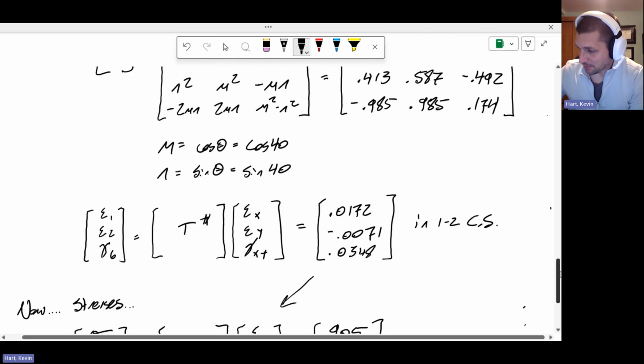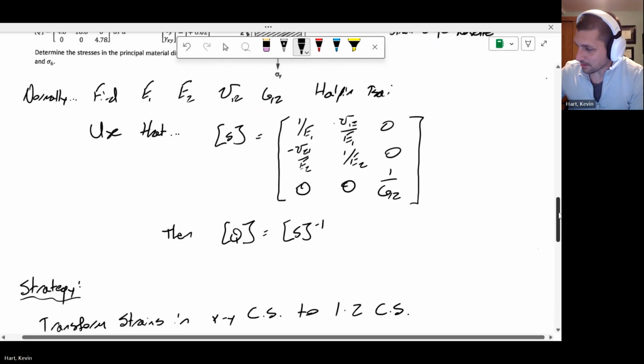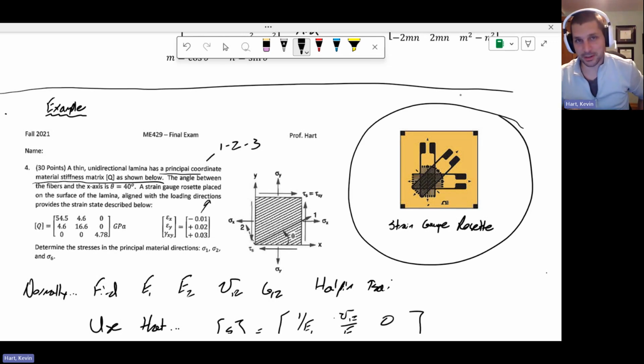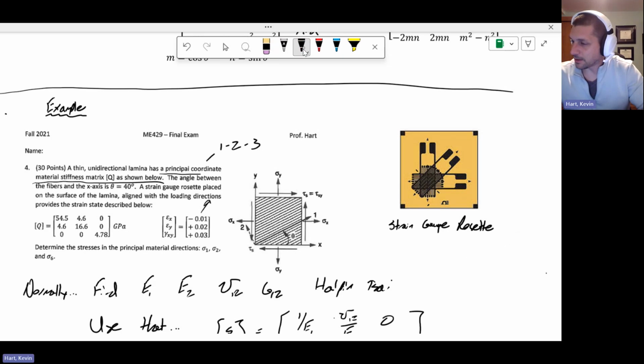This is a very common thing to do in practice: take a strain gauge, slap it onto some apparatus because you want to know the stress state, measure the strains in that strain gauge axis, and transform them into axes that are more appropriate for the material, sigma 1, sigma 2, sigma 6. So that's example number 1.